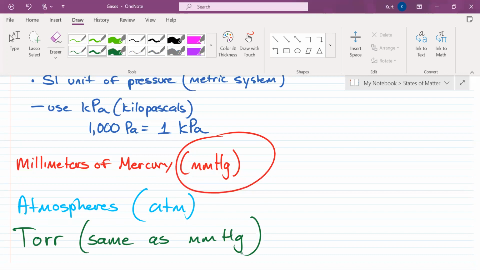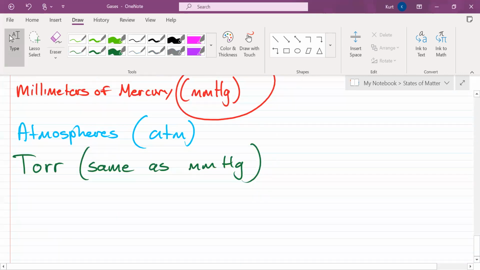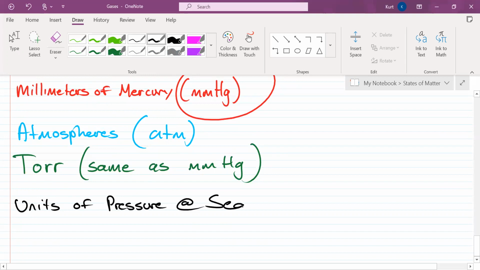Okay, so we're here in Tampa, Florida. Let's try to figure out what our air pressure is here. And this is going to be your conversions. You guys are going to do a little bit of math, but these are going to be the units of pressure at sea level.